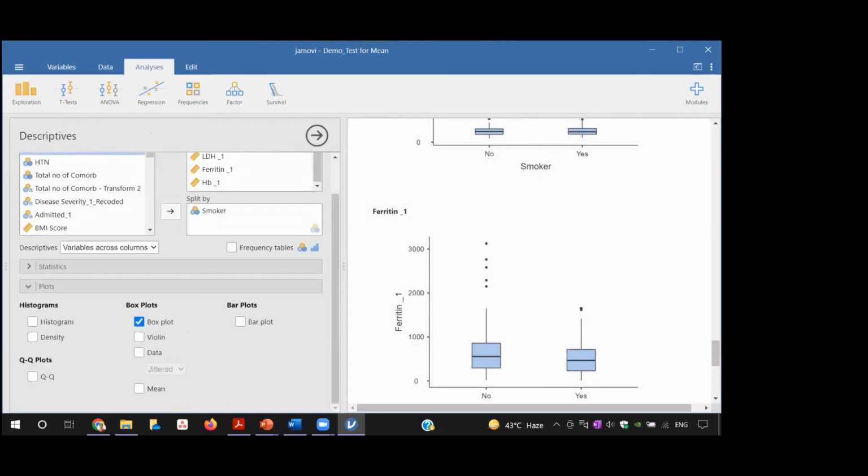It is not possible for me now to know which number this is, so I'll go with these values, approximately. Values more than 2000 are the outliers for me, and in smoker, the values near 1600 are the outliers. But in SPSS, it tells you the exact ID number of the patient.